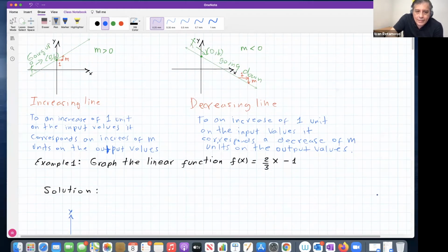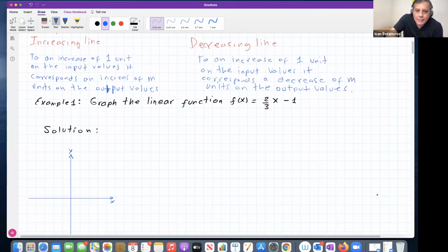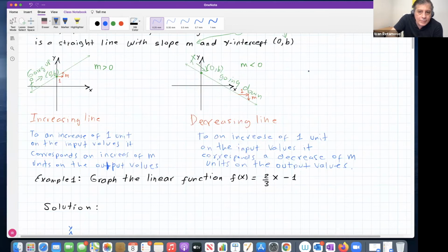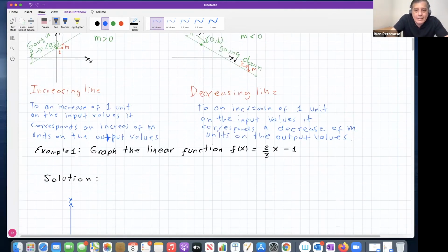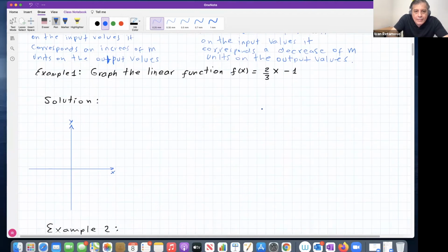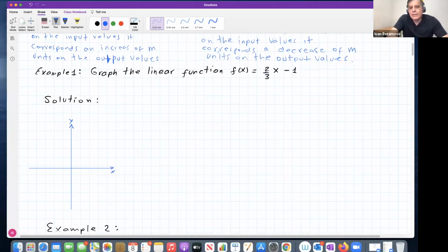Great. Now, let's do something practical now, right? Let's try to explore this idea of the slope measuring the steepness and this guy determining the y-intercept in order to graph these linear functions. Example 1, graph this linear function f of x equal 2/3 times x minus 1. How to graph this quickly?